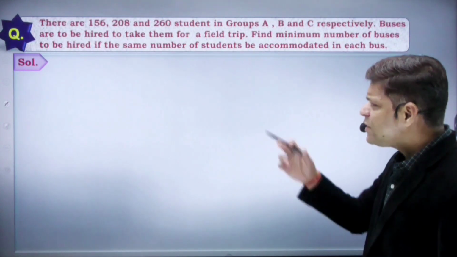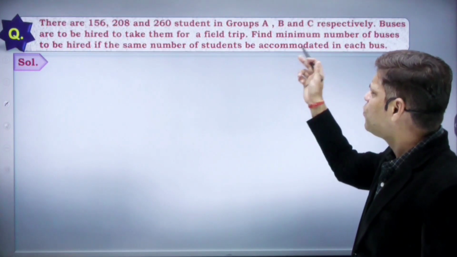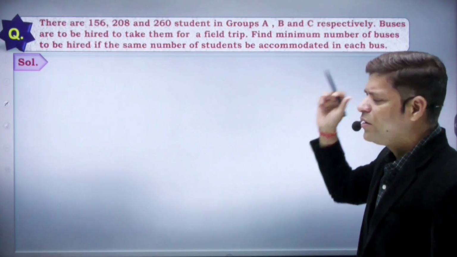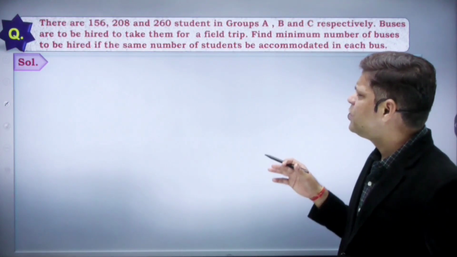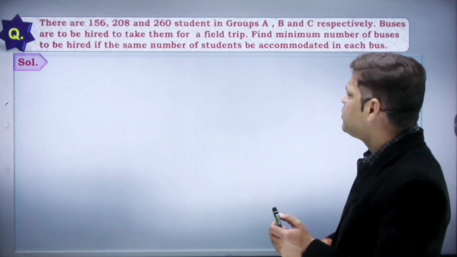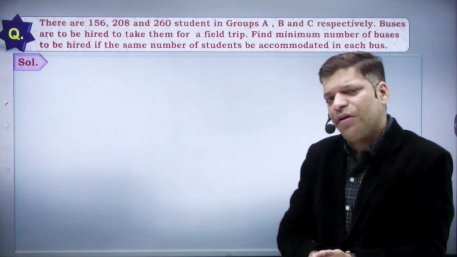Now there are 156, 208 and 260 students in groups A, B, C respectively. Okay, there are 3 groups. In 3 groups we are given the number of students, and buses are to be hired to take them on a field trip.